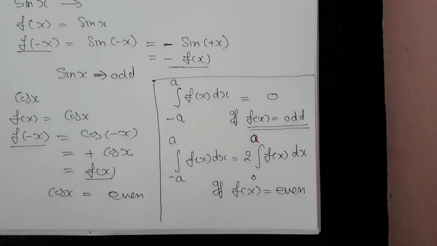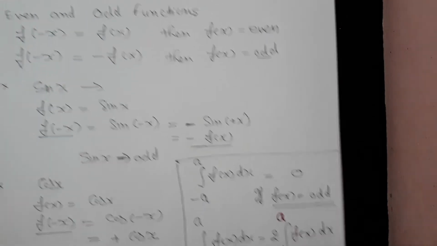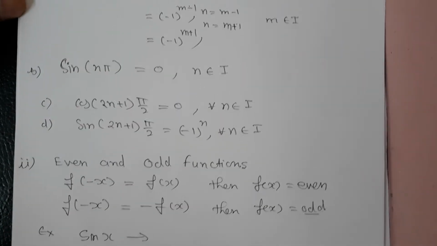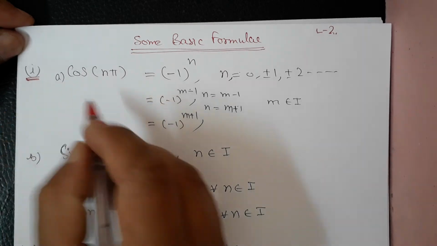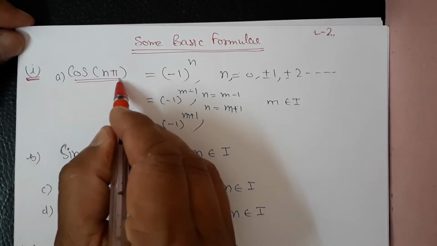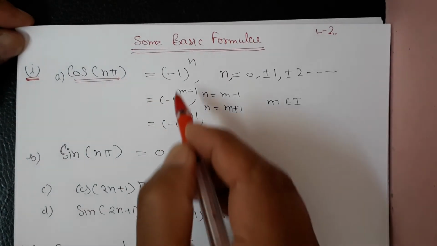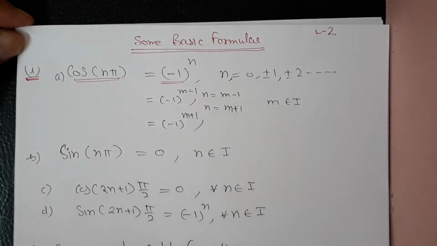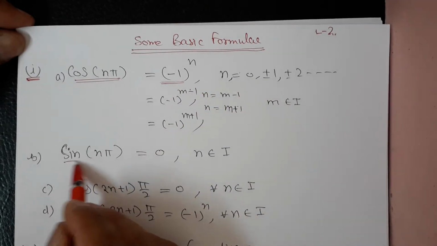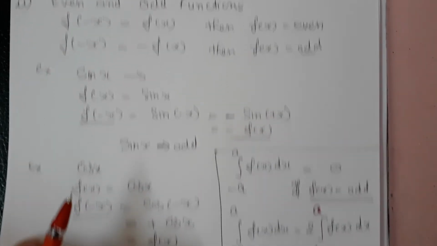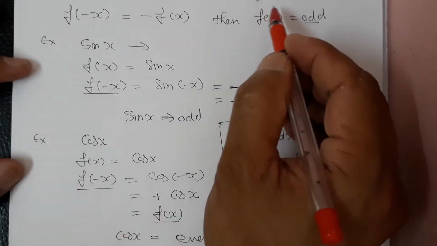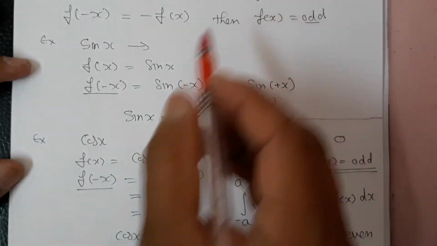Frequently we will be using these formulas and techniques. So here we discussed technique number 1, that is, some formulas. The value of cos n pi will be used frequently and its value is minus 1 raised to the power n. The value of sin n pi we will be using frequently, it will be 0. Then we'll use the concept of even and odd functions.